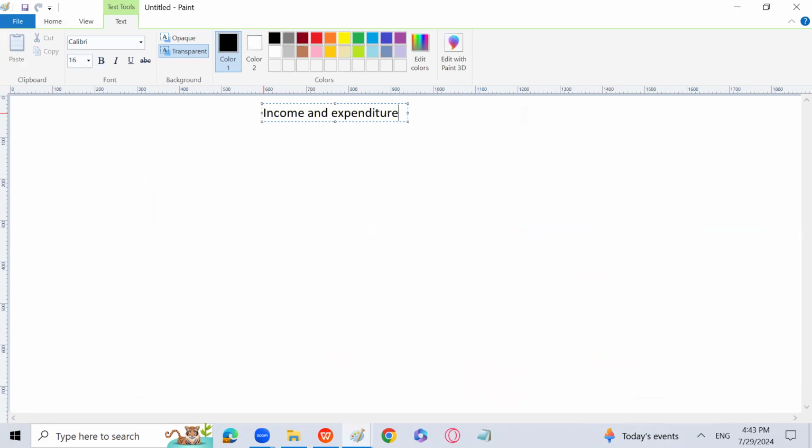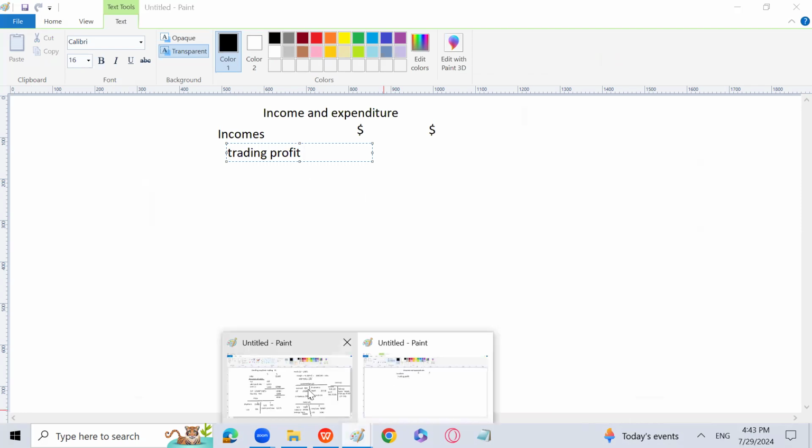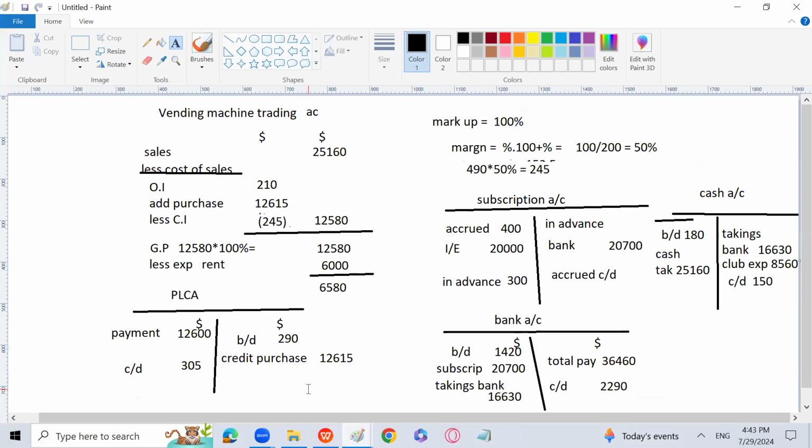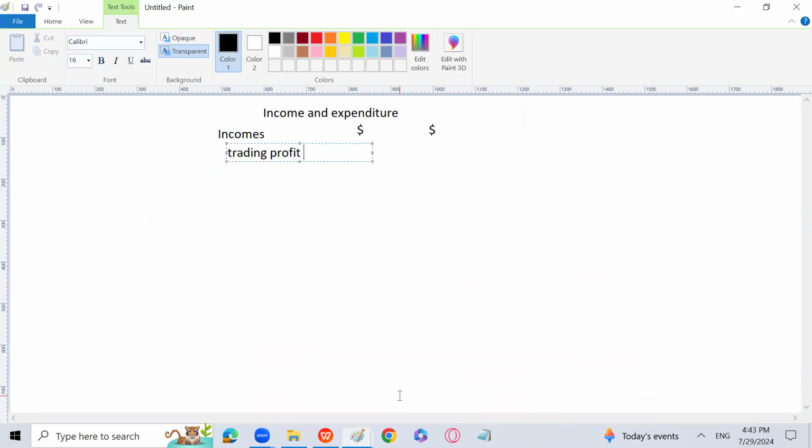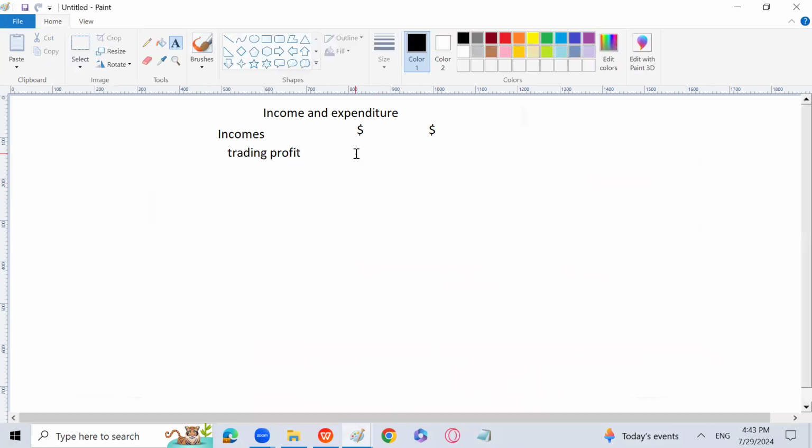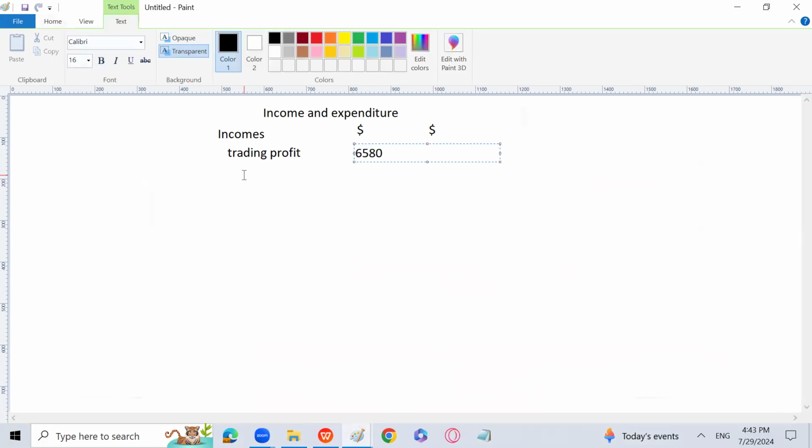Now I can write the income and expenditure account. Incomes will come over here. In incomes, I will write the trading profit, which we have calculated already. Vending machine trading profit is 6,580. And write over here 6,580. Here I'm going to write the subscription income.